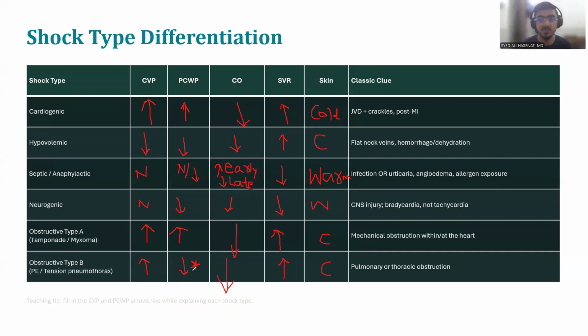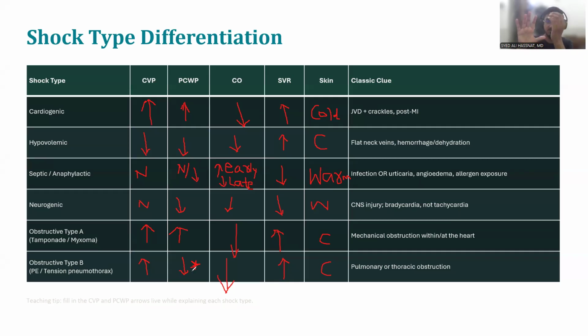In type B, there is an issue with the lungs. There is an embolus in the lungs. There is collapse of the lungs in pneumothorax. When there is collapse of the lungs, pulmonary capillaries are not affected. Look, pulmonary capillaries are here, the lungs are here, and the heart, left atrium, and left ventricle are there. Whenever there was a tamponade or atrial myxoma, it was increasing pressure back to the pulmonary capillary.